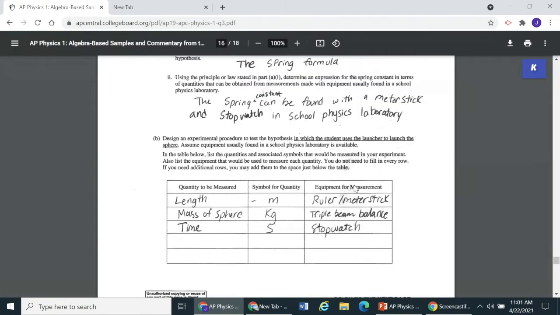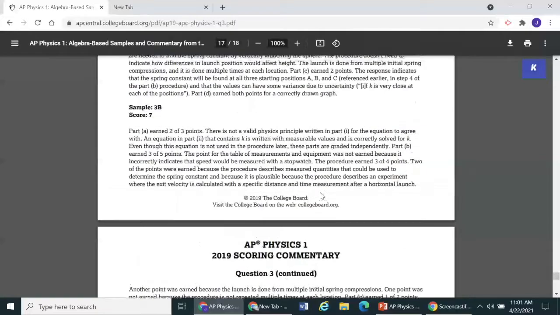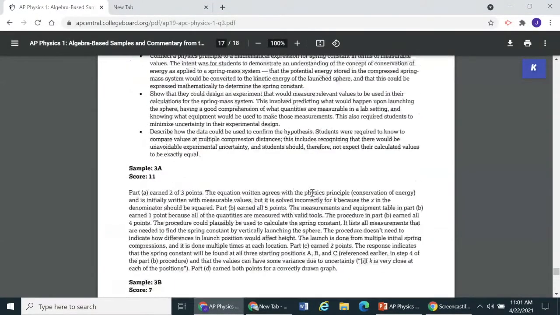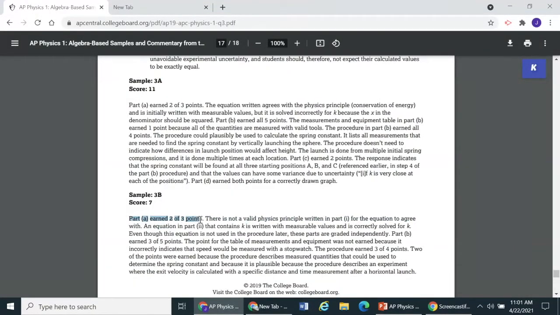Now, if you go down to the commentary they give about this answer here, it says Part A earned 2 of 3 points. There is not a valid physics principle in Part A1 to agree with.